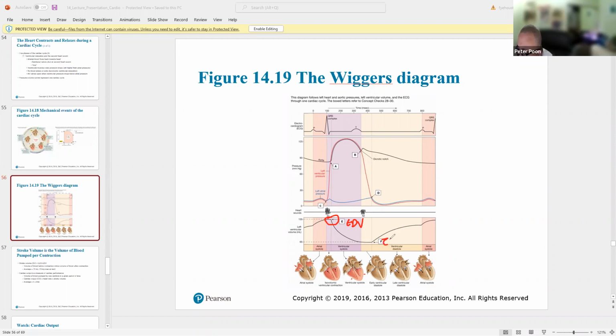So this is ESV at F. And so this is how much is left, and you'll see it's right about half. So that's the ejection fraction, usually about half when you're normal, like when you're not stressed. And then we will talk about how this changes during exercise and stuff.